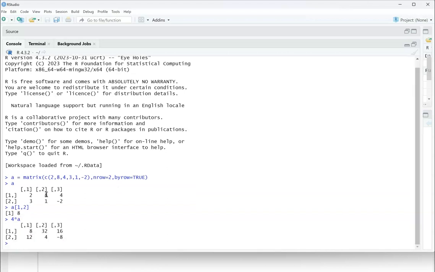But notice there, it does multiply all of the entries by 4. Now, I typed in 4*A to get the result. If I wanted to use this, I should have named it something, because it didn't store this anywhere. It just showed the result. If I want to store it for later use, I would have said b equals that, and then typed in B to see what the answer was.